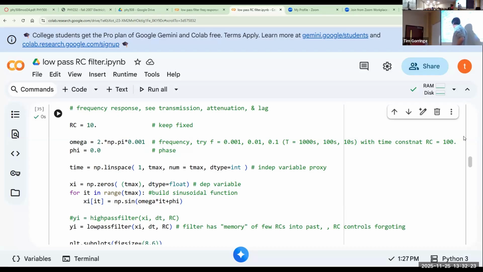And then I'm just going to calculate the output of the filter, given that input, and my choices about the RC time constant and the sampling rate, which was one second period. And then I'll make the plots. So the only thing that's different here really is different parameters to show things, but a different signal input. So we'll get a different signal output.